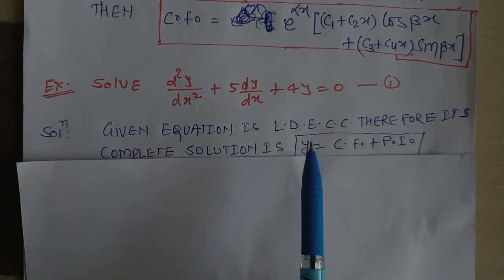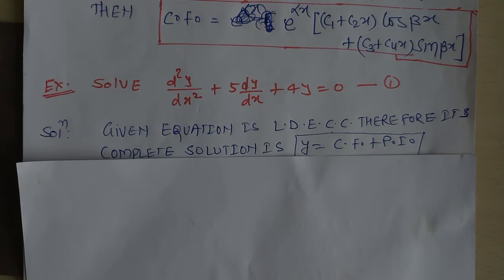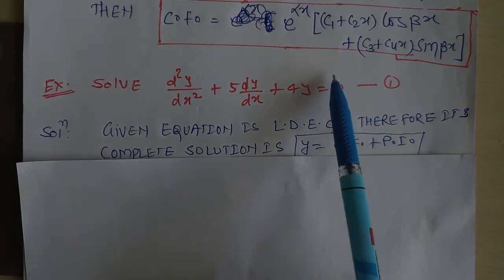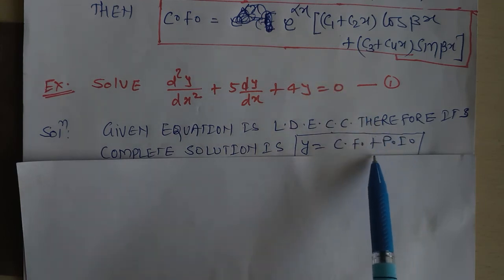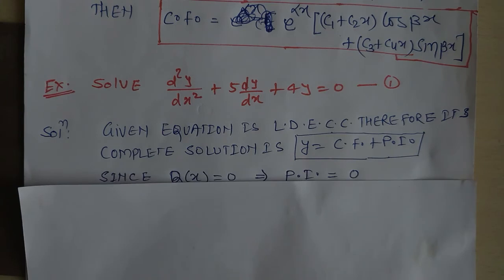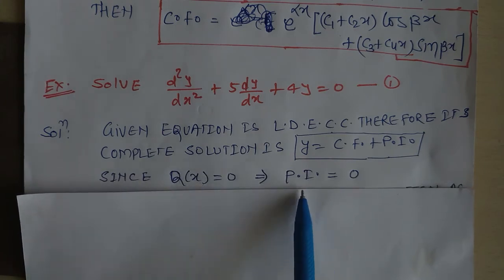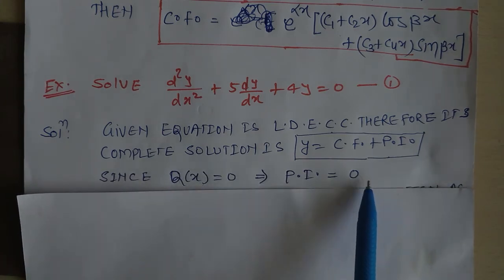So the given equation is LDECC, and therefore its solution is y equal to CF plus PI. Y is the dependent variable. Here the non-homogeneous part on the right hand side, Qx, is 0, therefore PI is 0. So since Qx is 0, we have PI is 0, and hence y equal to CF is the only solution.